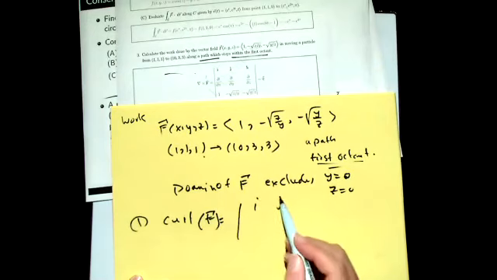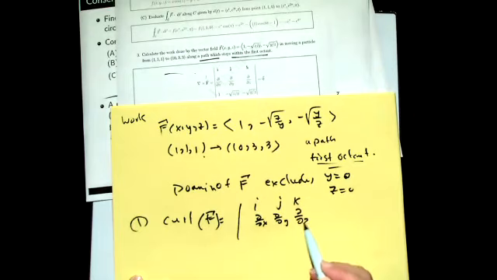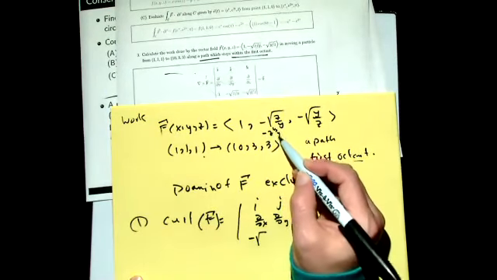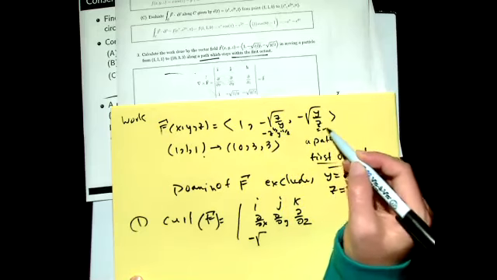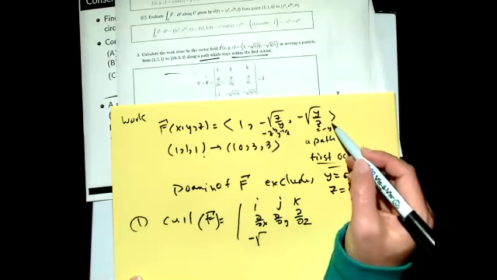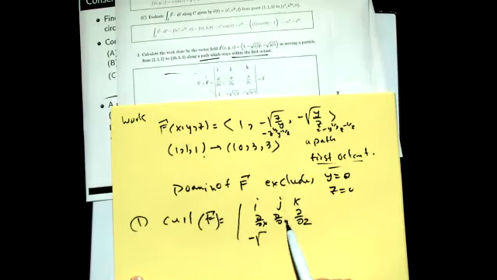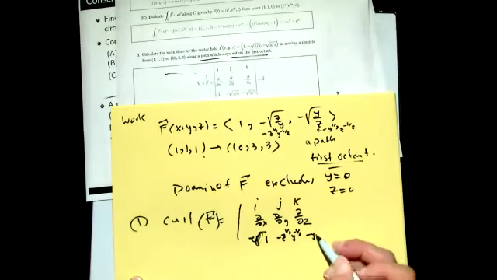The curl of f is this. Let me write this in a nicer way. I'm writing it as ⟨1, -z^(1/2) y^(-1/2), -y^(1/2) z^(-1/2)⟩.